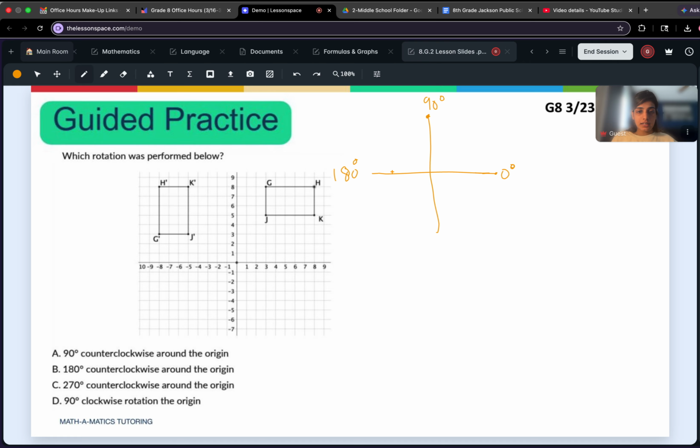And if something changes from this to exactly downwards, this is considered 270 degrees. This was the very first thing that I wanted to share: 0 degrees, 90 degrees, 180 degrees, and 270 degrees.